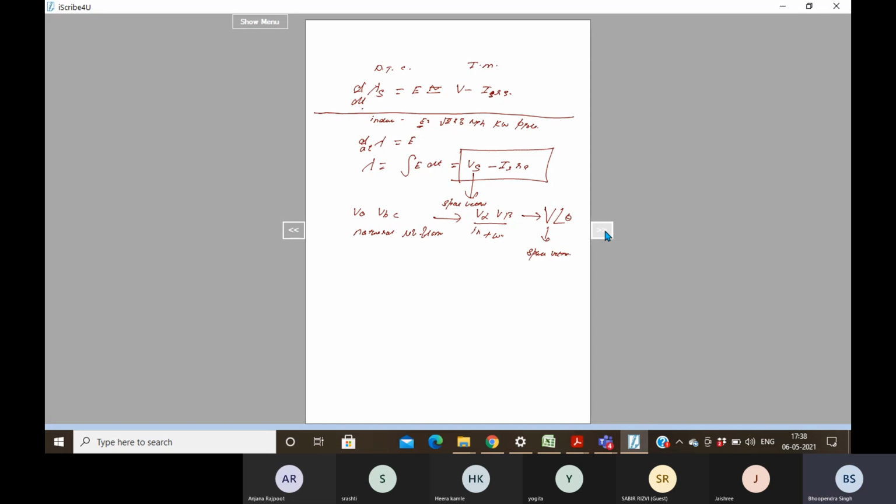Since it stands for voltage, it also stands for current, that is Ia, Ib, Ic converted to I alpha, I beta.